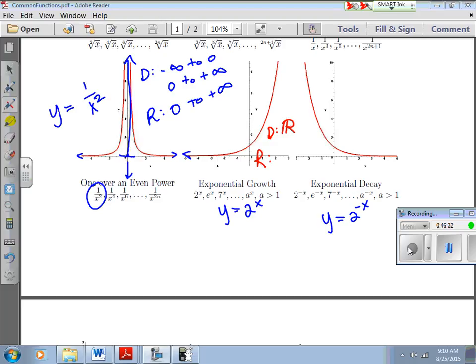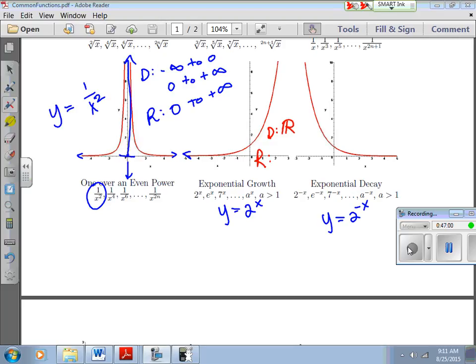Does the range include all the numbers? Or do you see it doesn't include some numbers? The negatives? Does it include any numbers below 0 on the y-axis? 0 is actually going to be an asymptote. Because this line looks like it's going to touch the x-axis, right?